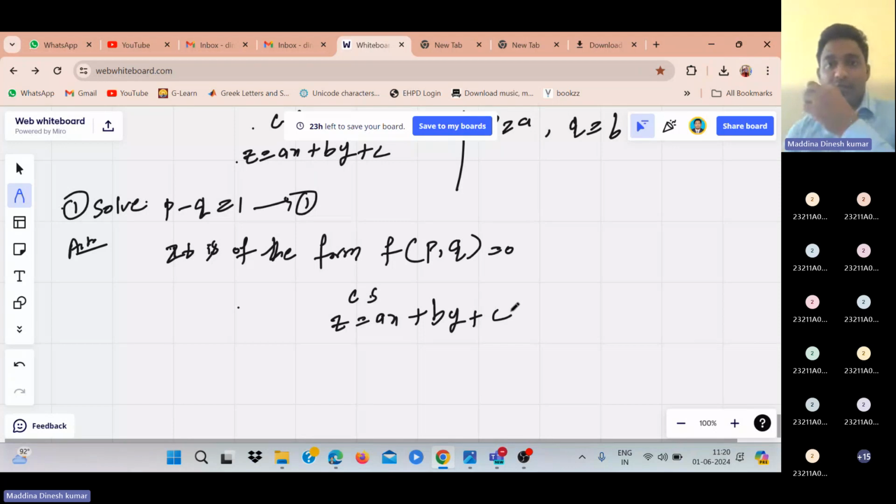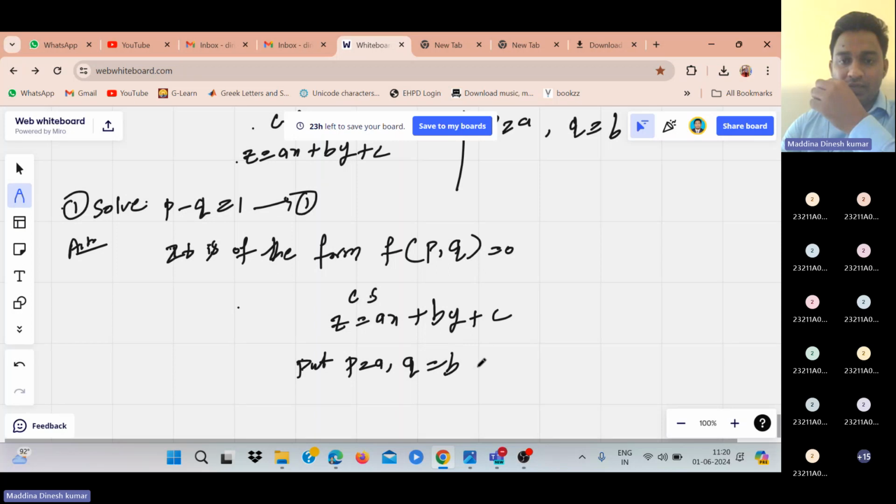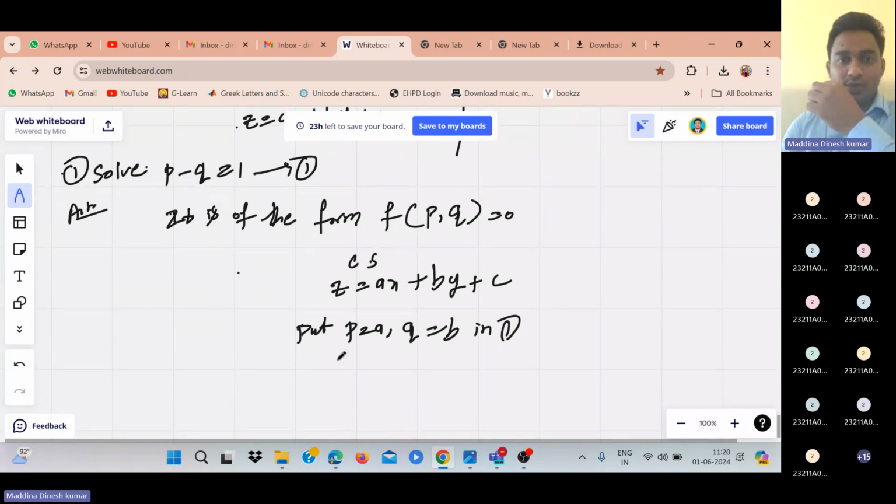One more thing we need to do is put a in place of p and b in place of q in equation 1. Put p equal to a, q equal to b in 1. Then we get a minus b equal to 1.